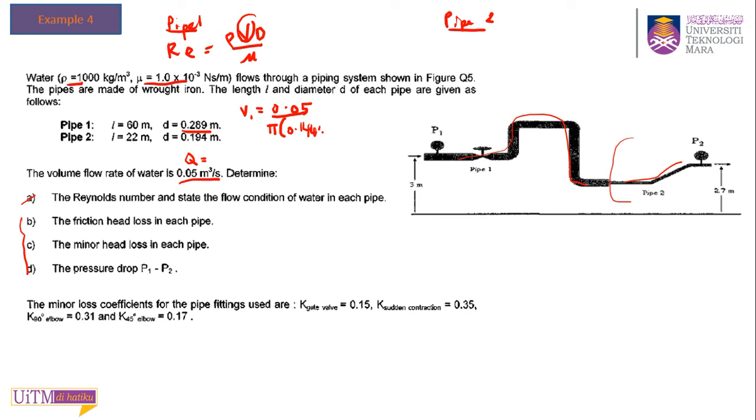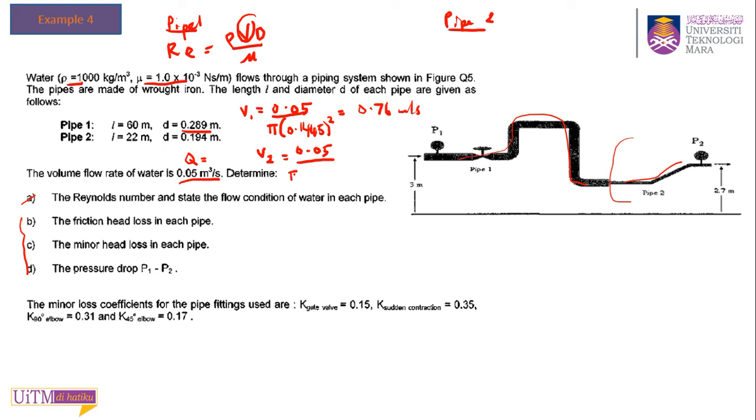Area for pipe 1 is pi times 0.289 divided by 2, which is 0.1445, squared. So this will give you the velocity for pipe 1, 0.76 meter per second. For the velocity for pipe 2, the Q is the same, as in the continuity equation.